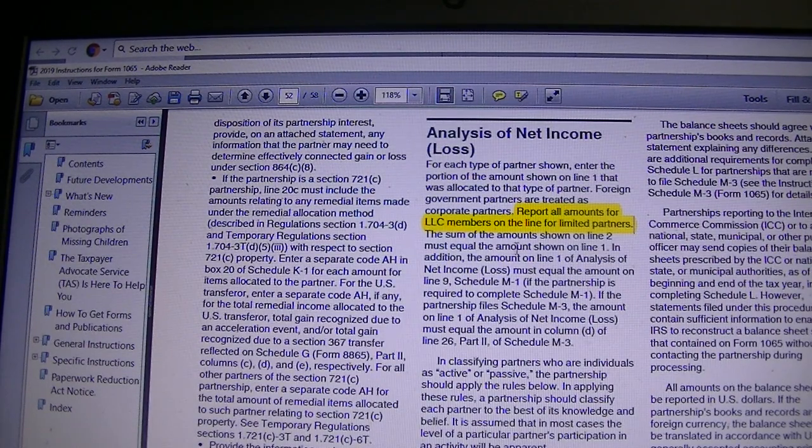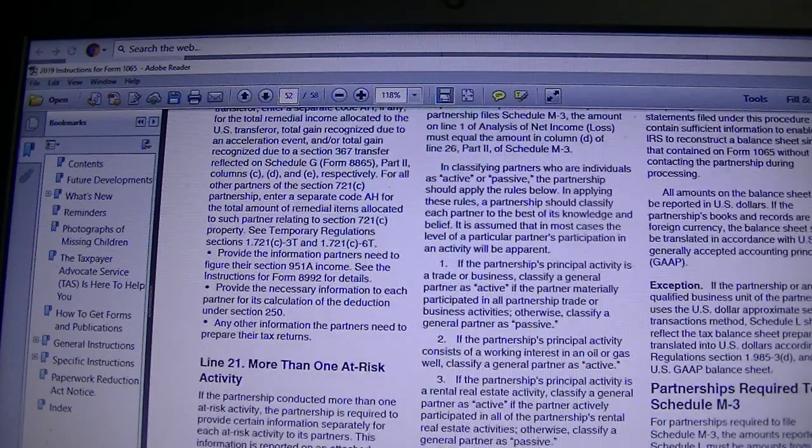The sum of the amount shown on line 2 must equal the amount shown on line 1. In addition, the amount on line 1 of analysis of net income loss must equal the amount on line 9 Schedule M. Yeah, so that's if you're filling up those, but that's good to know as well. So in classifying partners who are individuals as active or passive, that's what I was getting into.